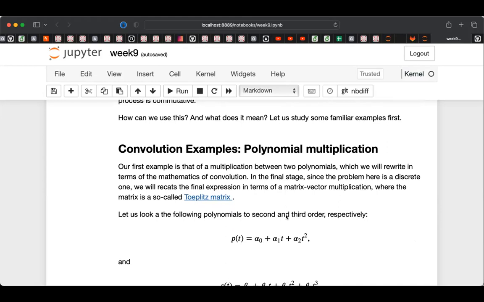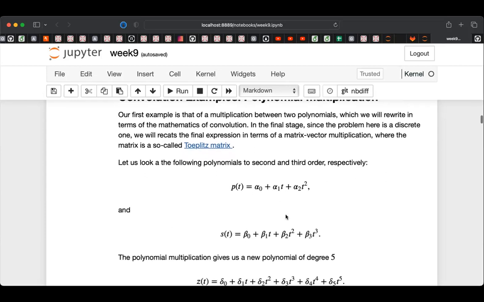So let's look at that before we then move over to specific examples on how we implement the filtering and the type of hyperparameters which you will encounter when you're setting up a convolutional neural network. So I just wanted to go through these examples here so you see how processes like a polynomial multiplication can be rewritten in terms of the mathematical operation of convolution.